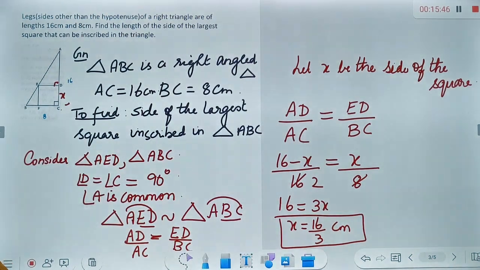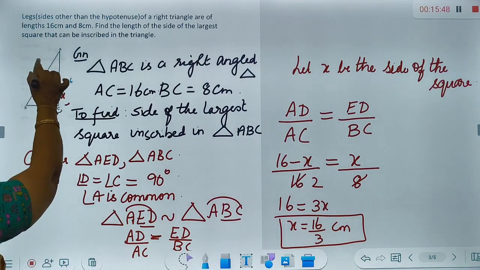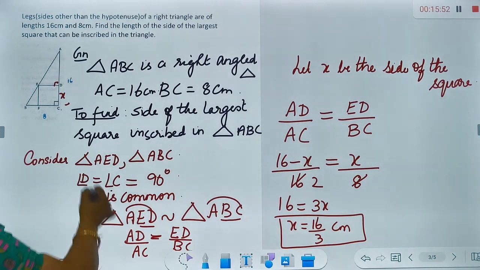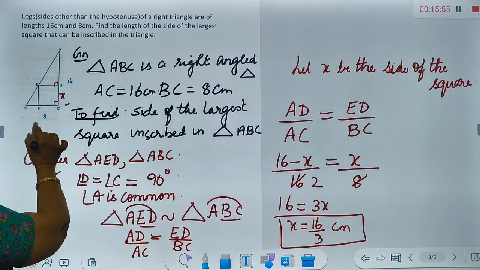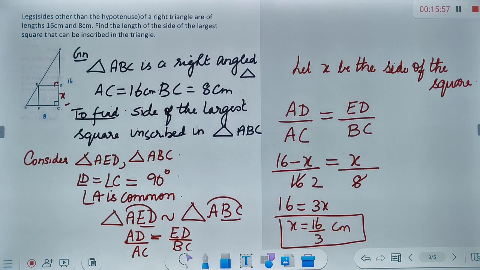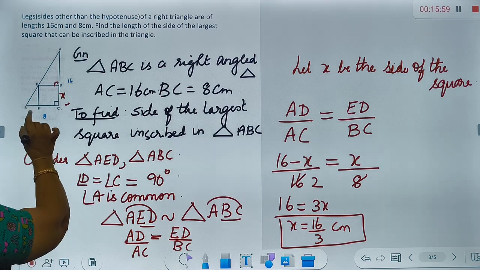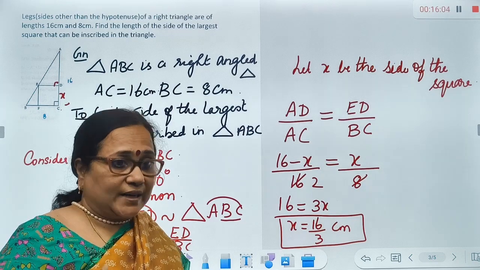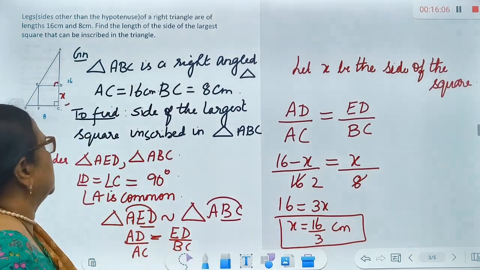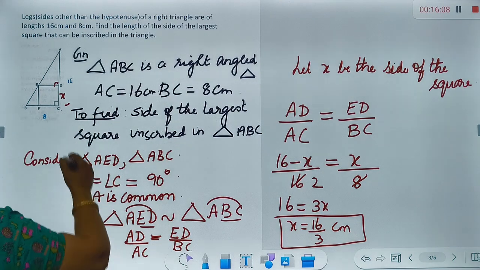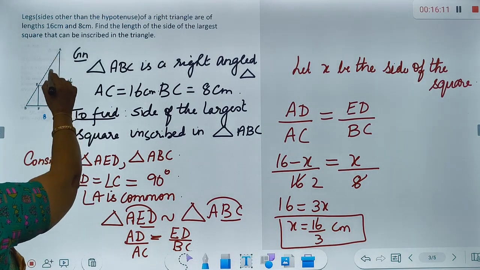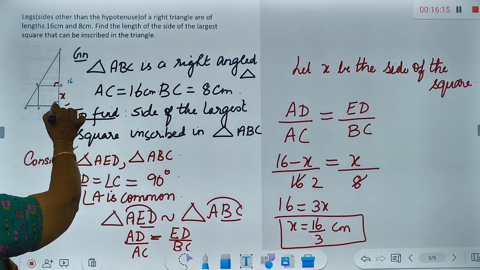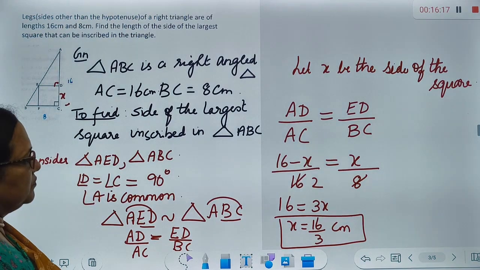So what are we given? You are given a right angle triangle, and the lengths of the two sides except the hypotenuse: AC is 16, BC is 8. Now you have to find the side of the largest square. Let the side of the largest square that can be inscribed in the triangle be x units. Triangle AED is similar to triangle ABC because one angle is 90 and angle A is common.